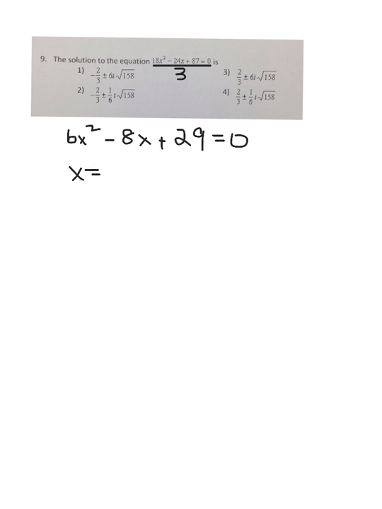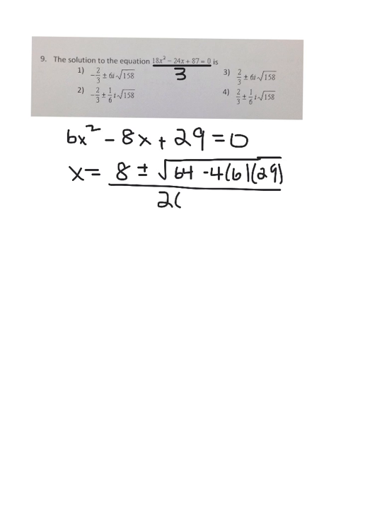So we have x equals negative b, which is going to be a positive 8, plus or minus the square root of b squared, so that's negative 8 squared, which is positive 64, minus 4 times 6 times 29. And that's all going to be over 2 times a. So that's 8 plus or minus the square root of negative 632 all over 12.